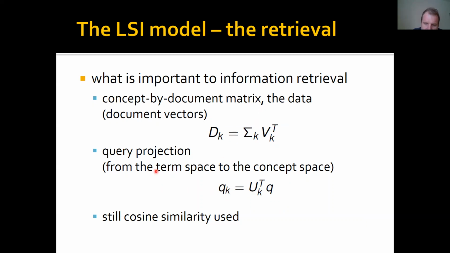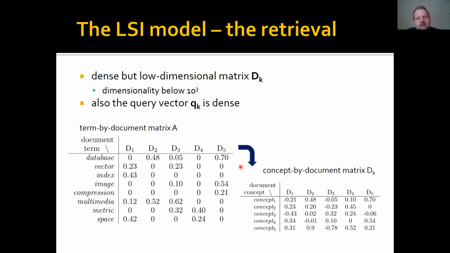And in the new space of concepts, we still use the cosine similarity because we are still in some vector space and we still have the coefficients and weights. We still have the weights. So we still use cosine similarity. What is not the same is that we got a very dense matrix.